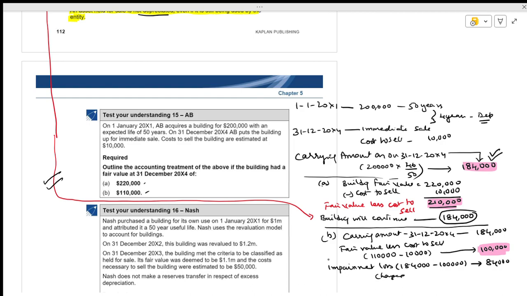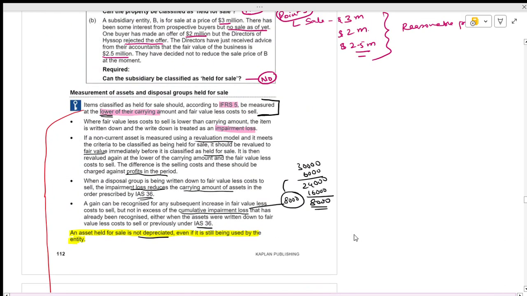It has to be charged to profit and loss. See why we are doing this? We are just working out this rule.